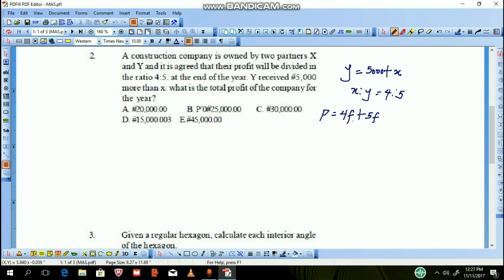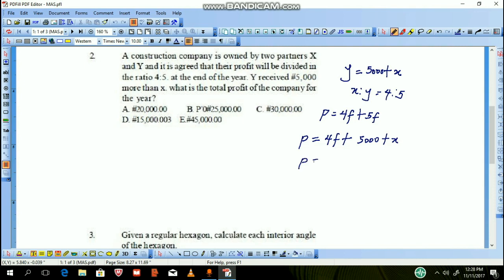The actual amount that X is receiving plus the actual amount that Y is receiving is equal to the total profit that is shared. So the total profit shared will be equal to the amount X is receiving, 4F, plus the amount Y is receiving. Recall that Y actually received 5,000 plus the amount that X receives.